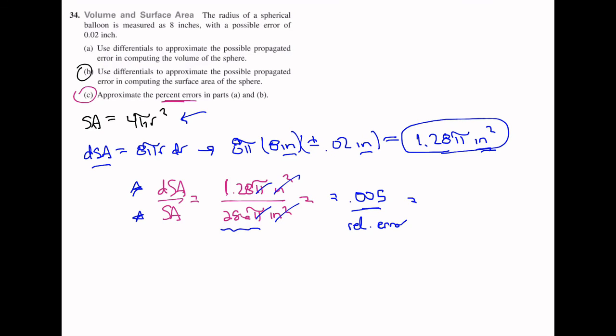And as a percent error, you multiply by 100 and get 0.5% error. So if you are off by this much in measuring your radius, you're off by as much as 0.5% in the measurement of your surface area. And that is what we use differentials for.